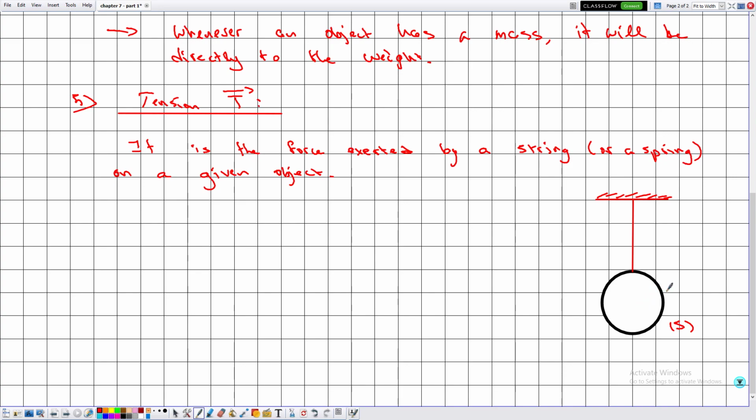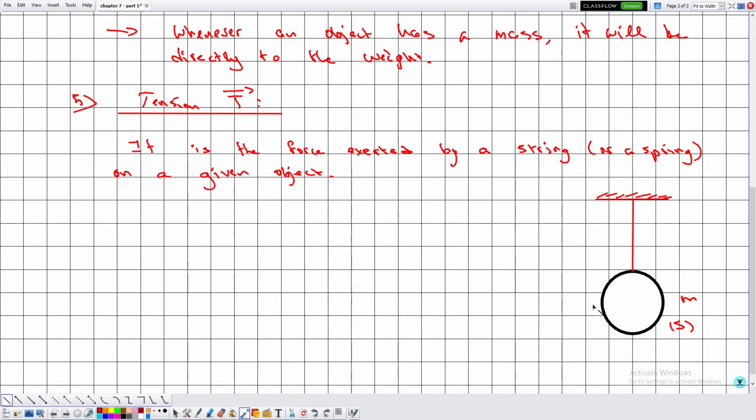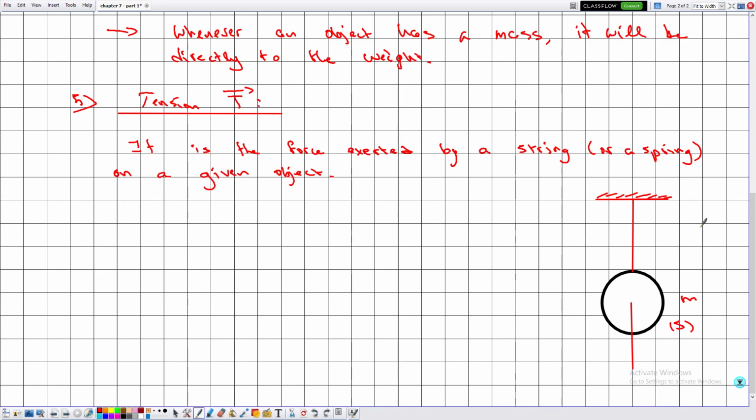Suppose that this solid has a mass m. So it will be directly subjected to the weight, which is acting vertically downward like this. Now, because the weight is classified as a force acting at a distance, it will be acting at the center of gravity of the solid S, which is G.